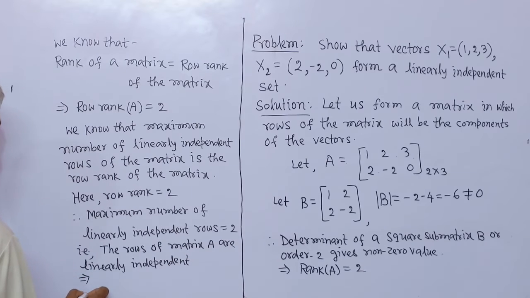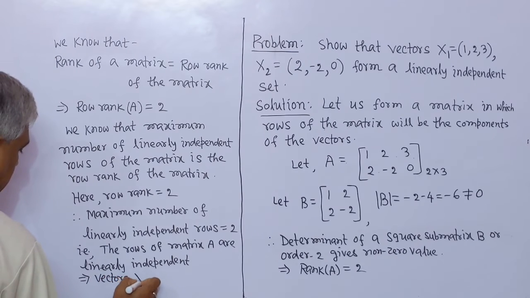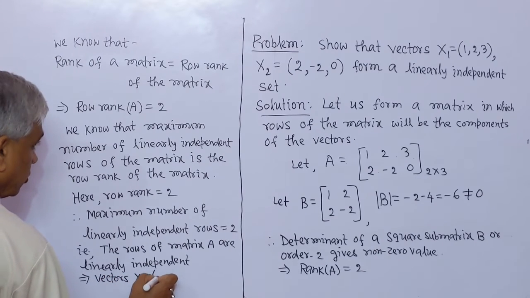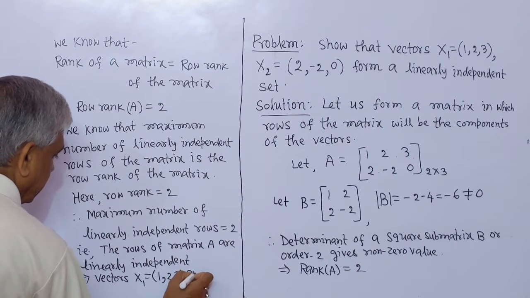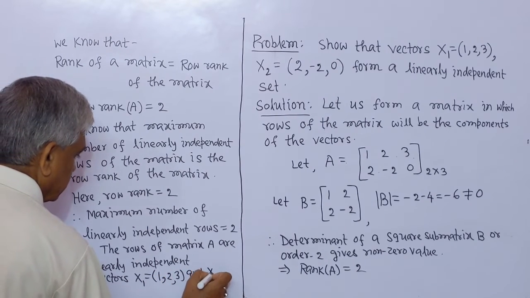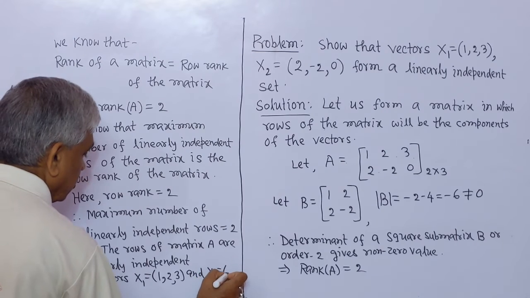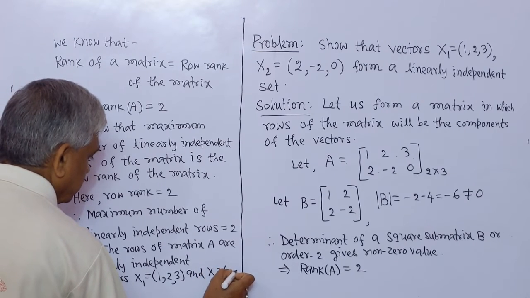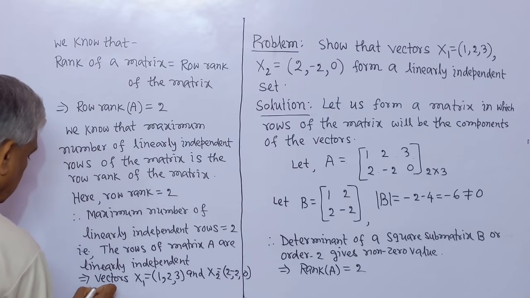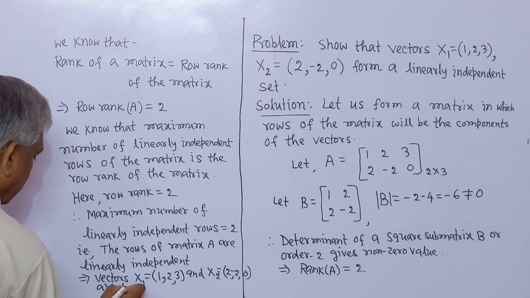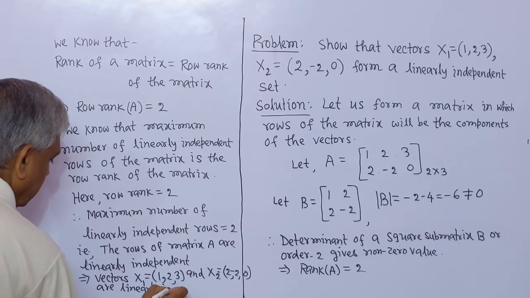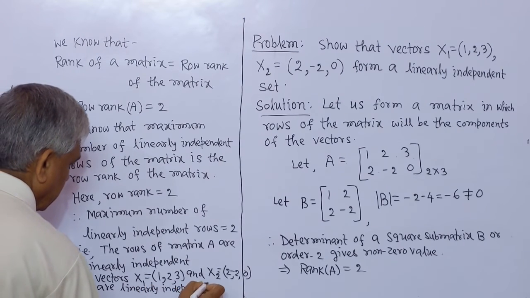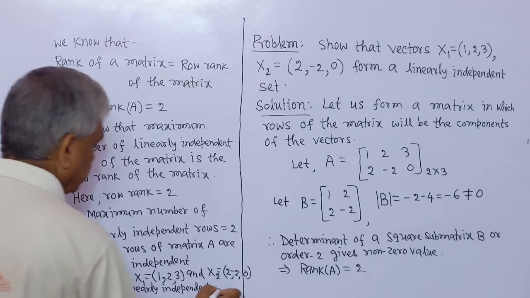This implies that the vectors x1 equal to 1, 2, 3 and x2 equal to 2, -2, 0 are linearly independent. Proved.